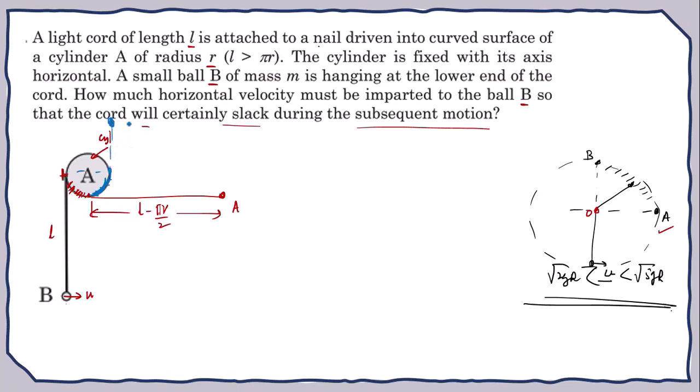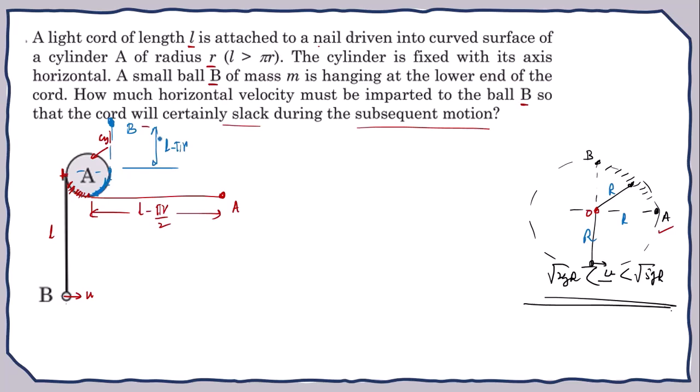So this is the point B. At this position, what is the radius of the circle? The radius of the circle is now L minus pi r. In the earlier vertical circle, every time the radius of the circle remains r. But once I wrap the string around the cylinder, the radius is going to change. That is the main consideration you have to apply here.